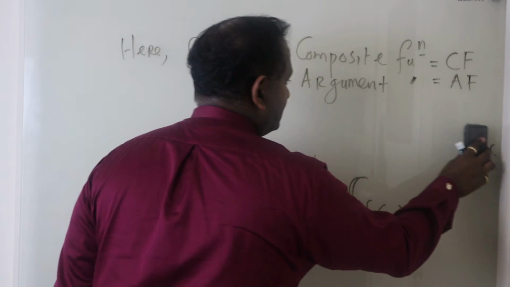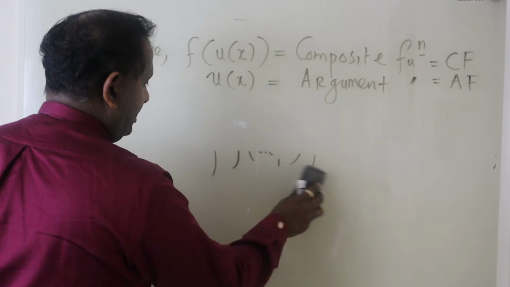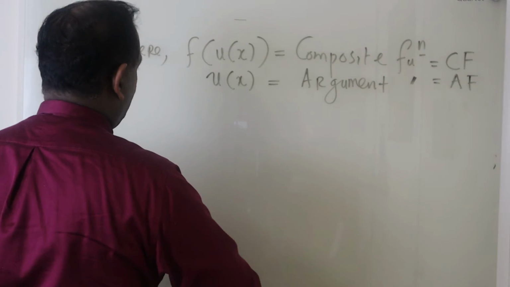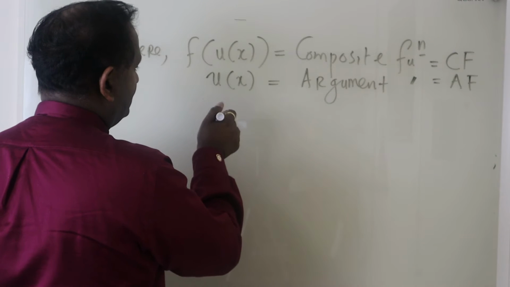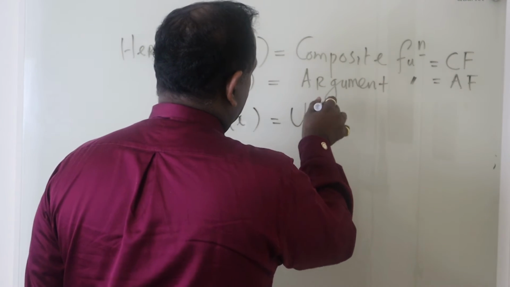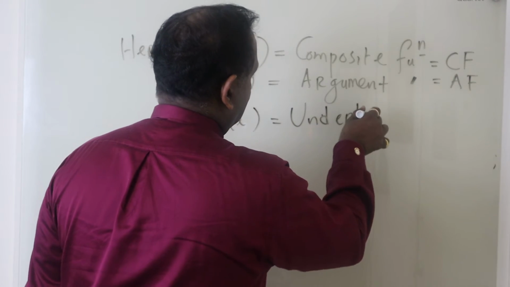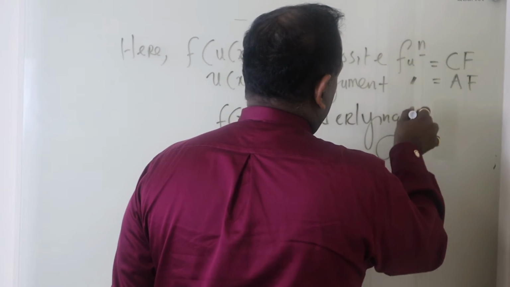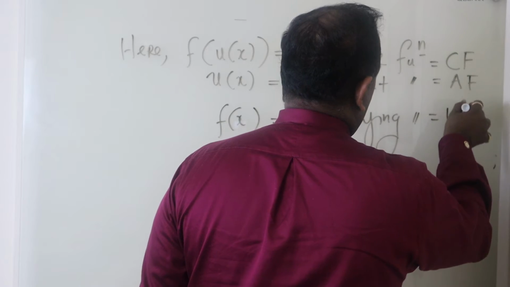And f of x, not f of u(x), is called the underlying function, which is denoted by UF.